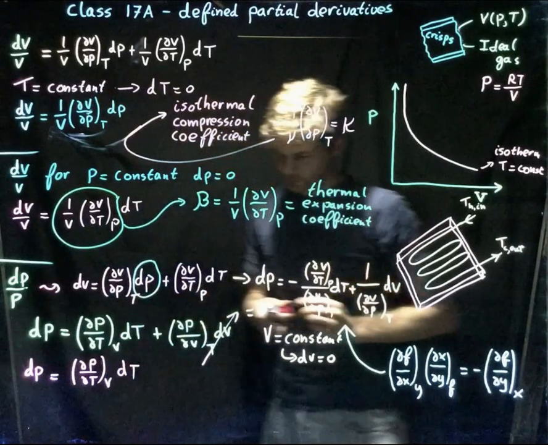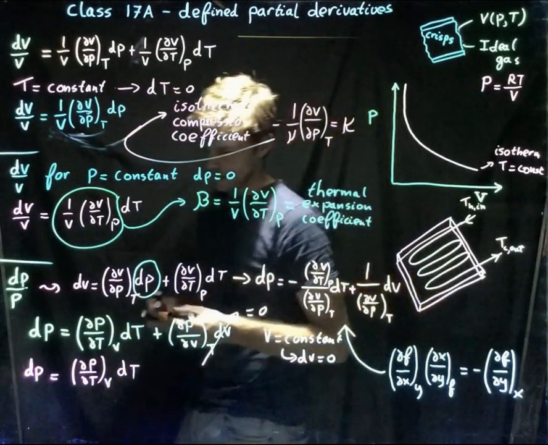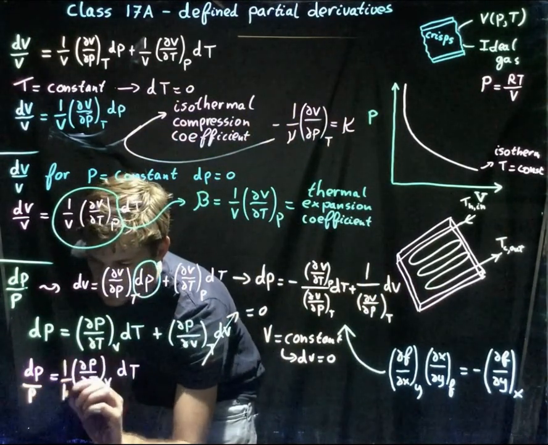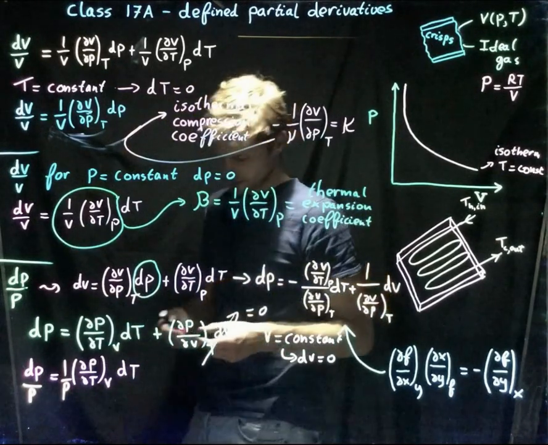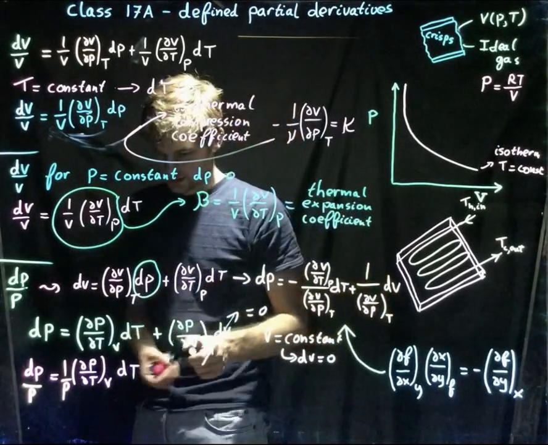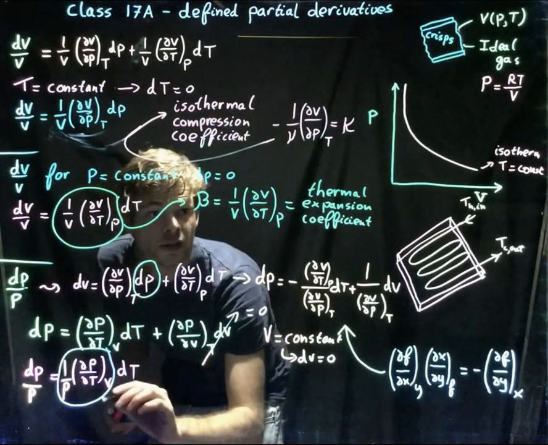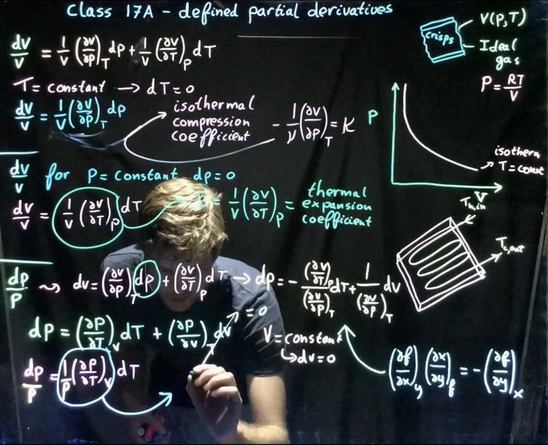And now I'm going to divide everything by the pressure, so the original pressure is 1 over P. And this will lead me to my last coefficient, which I'm interested in. So it's this one, and that one is called alpha.